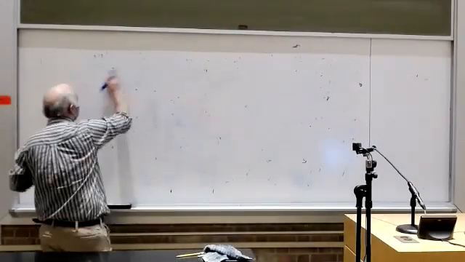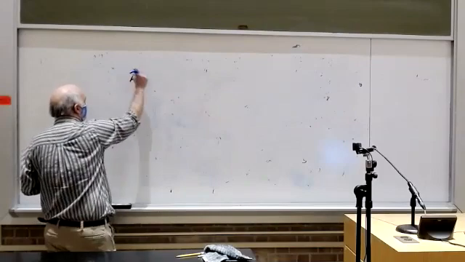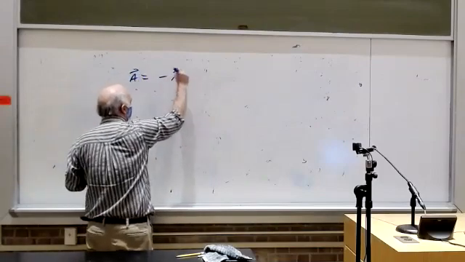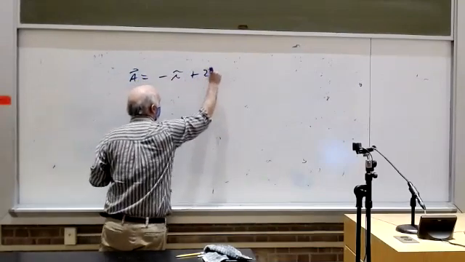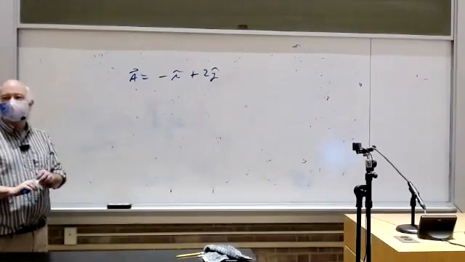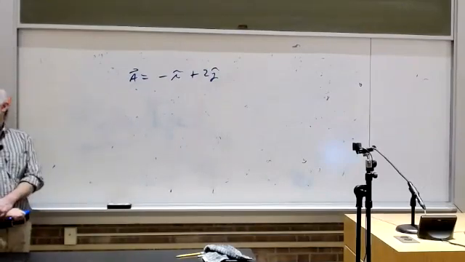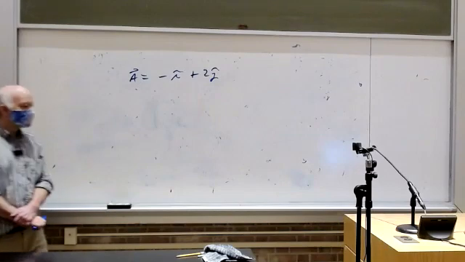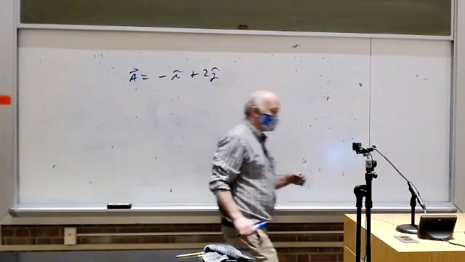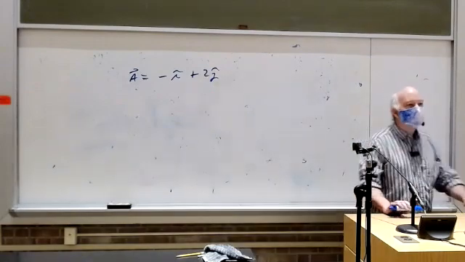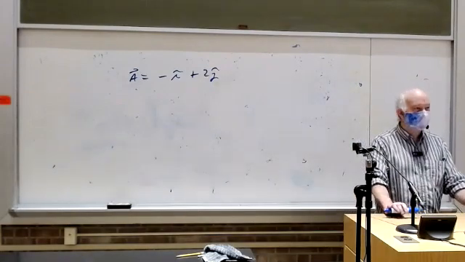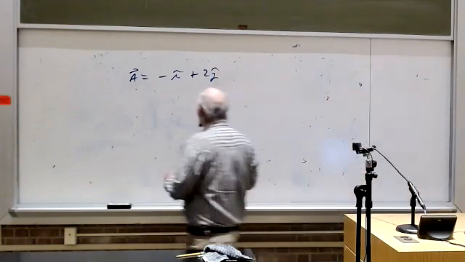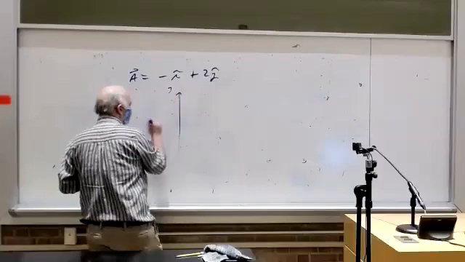What we have is, suppose I want you to draw this. What would that look like? So this would be, here's your y-axis, here's your x-axis.